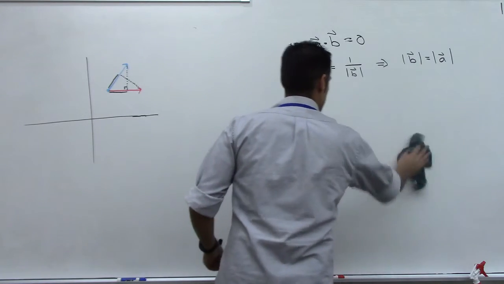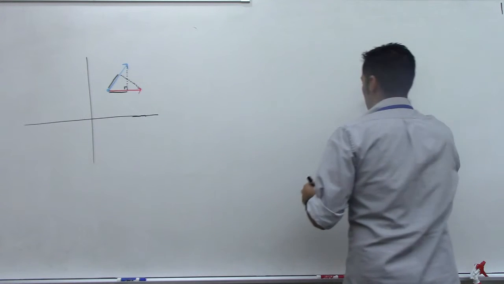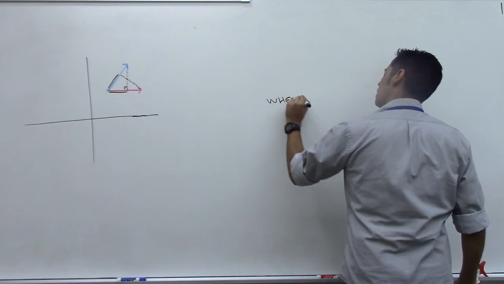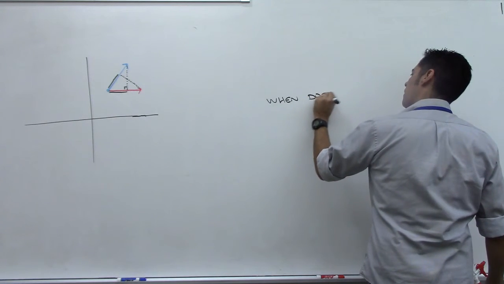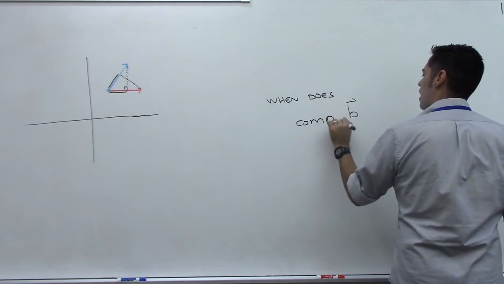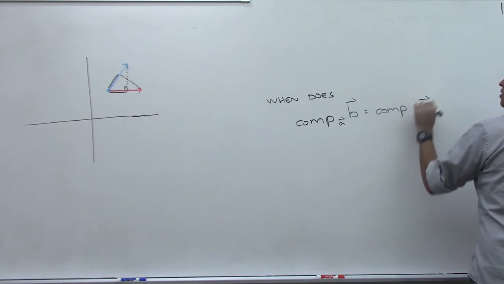We have this, we have this. So when are those two the same? When does the component of B onto A equal the component of A onto B?